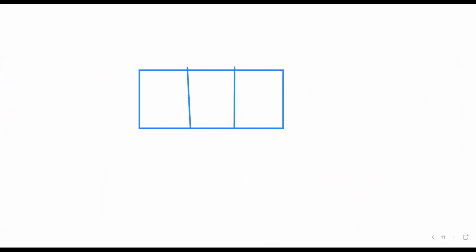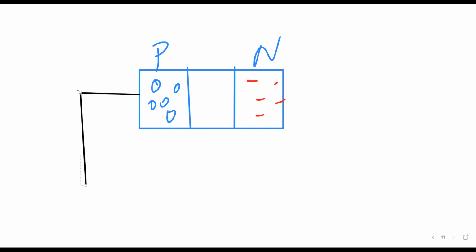There will be a lot of holes in P. This is my N, electrons will be negative. What will happen if the P side is connected to the positive side of the battery?